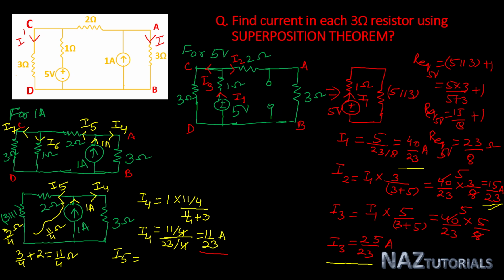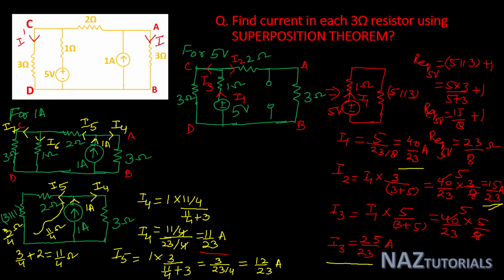This is I4. Now calculate I5. So I5 is total current 1 ampere multiplied by opposite branch resistance, that is 3 ohm, divided by total branch resistance, that is 11 by 4 plus 3. This is 3 divided by 23 by 4, that is 12 by 23 ampere.